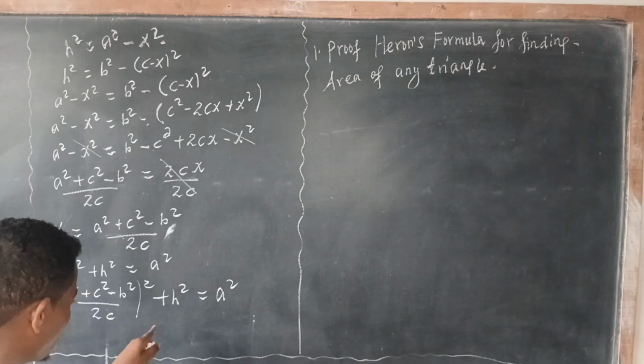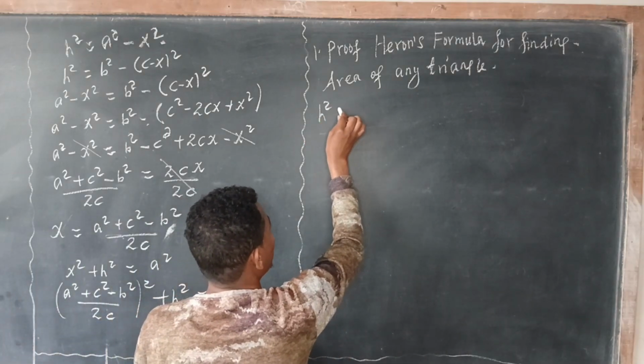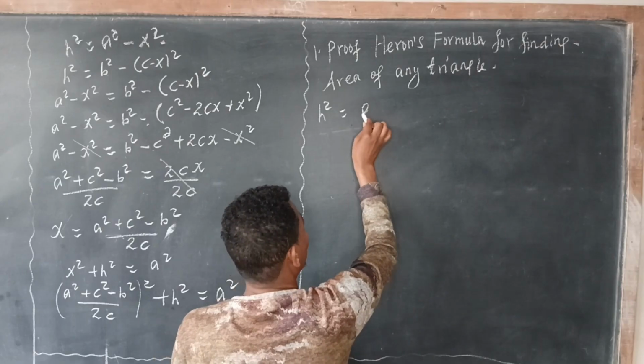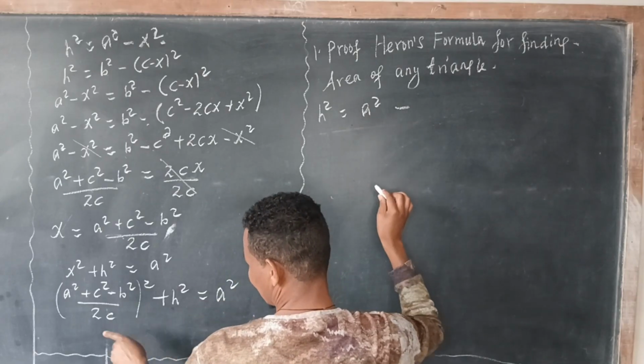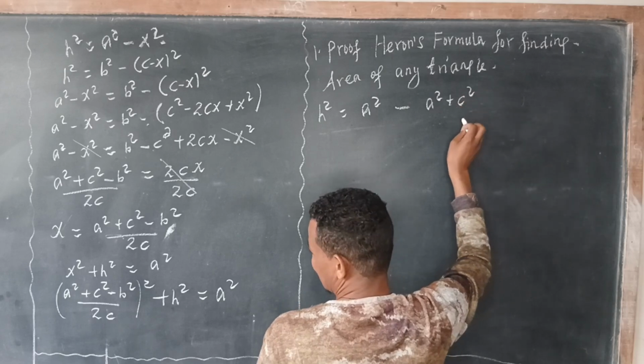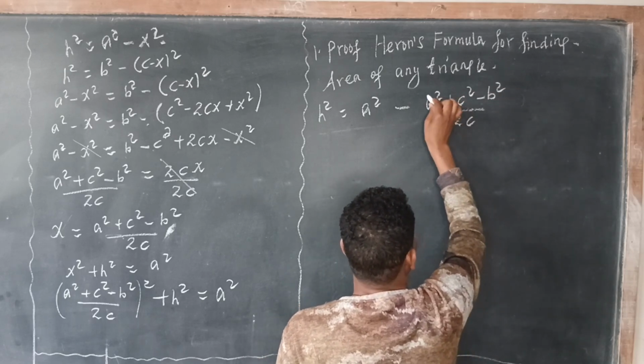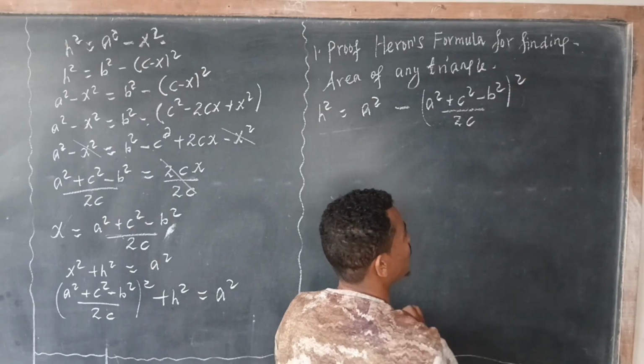In the same way, h square is equal to a square minus ((a square plus c square minus b square) over 2c) the whole square.